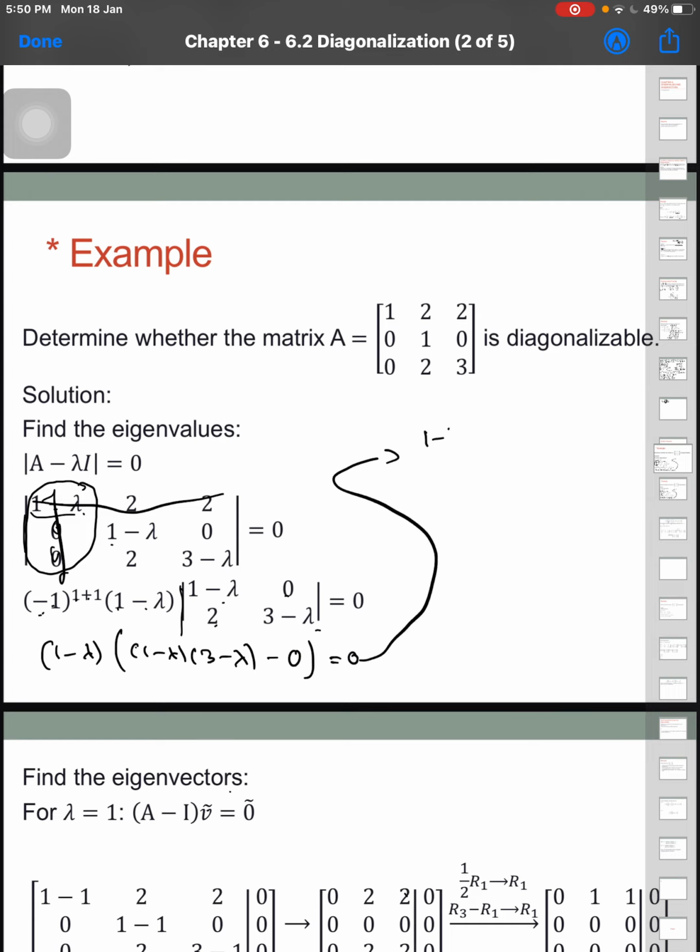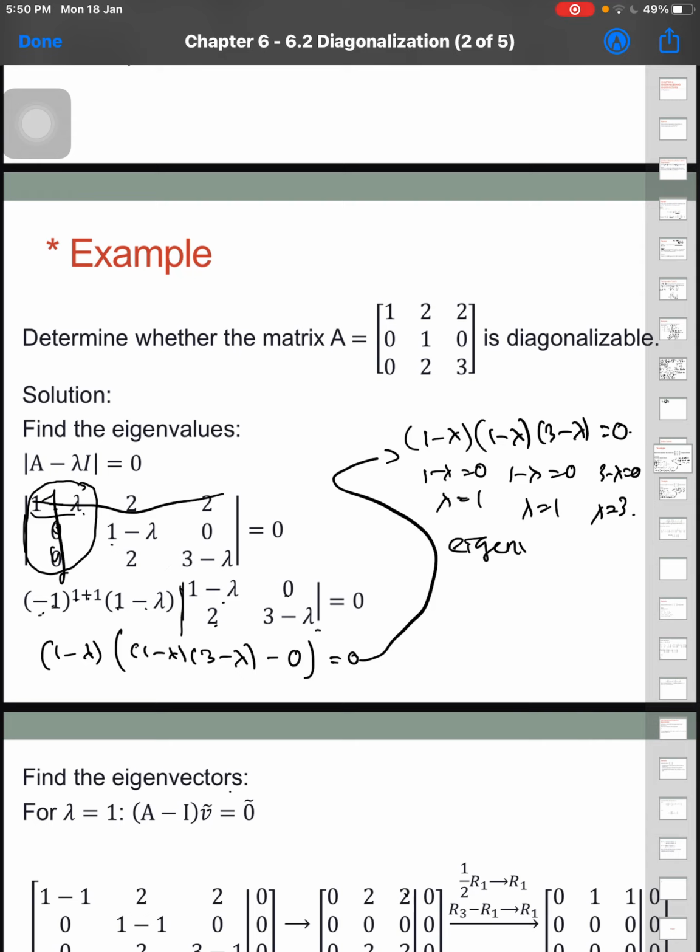So we have 1 minus lambda and 1 minus lambda and 3 minus lambda equal to 0. From here we have 1 minus lambda equal to 0, so lambda equal to 1, and 1 minus lambda equal to 0, lambda equal to 1, and 3 minus lambda equal to 0, so lambda equal to 3.